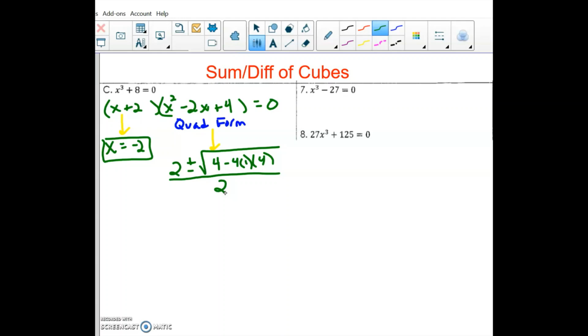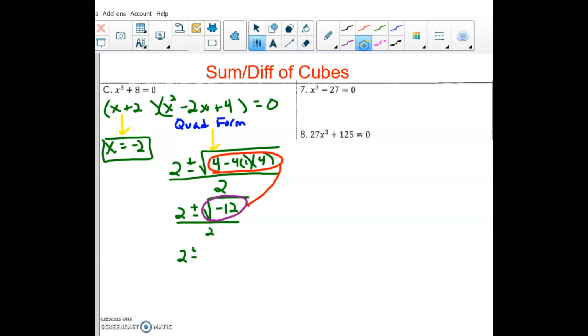Inside the parentheses, this is 4 minus 16. So 2 plus or minus the square root of negative 12, that's 4 minus 16, all divided by 2.